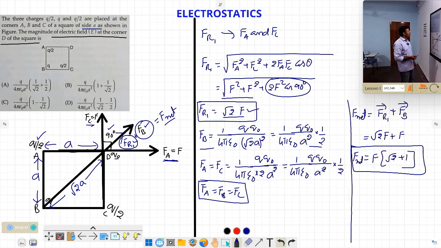I think they may not have Q by 2, they may have all Q. If all the charges are taken as Q, in that case we get the answer, but the given options are not correlated to this, so there may be an error in the given values. Note this down, but our derivation F into root 2 plus 1 is correct according to the given question.